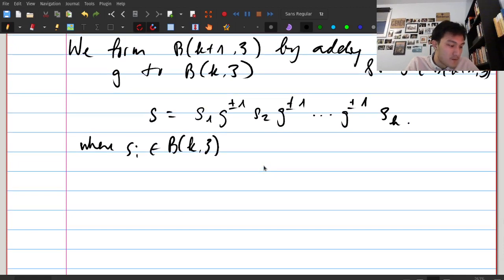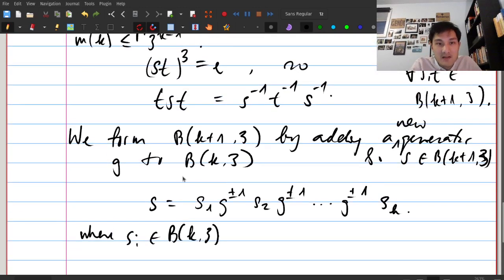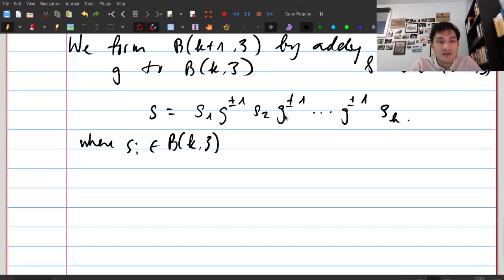Now, if in the product any of the g's that are adjacent have the same sign, then we can replace them, because we have tst equal to s inverse t inverse s inverse. What can we do with that?